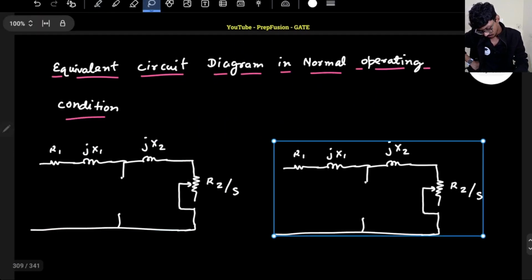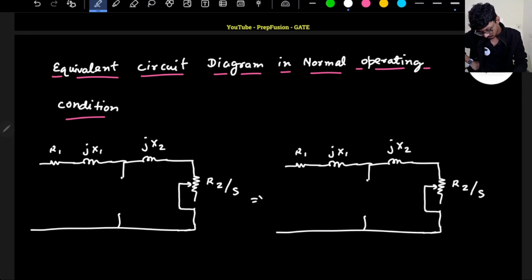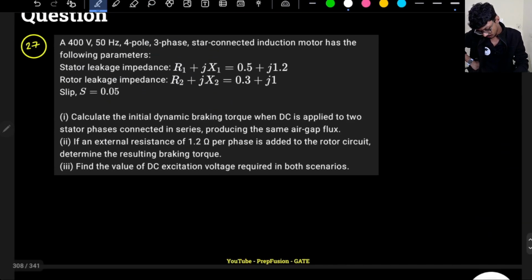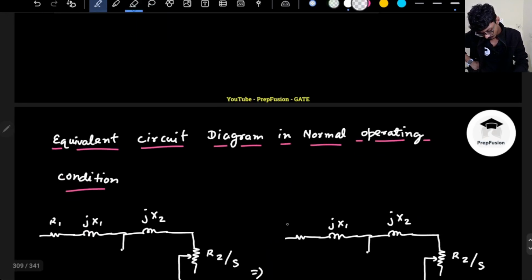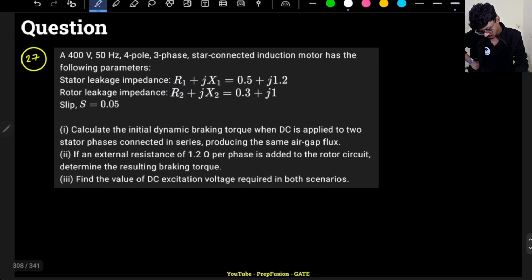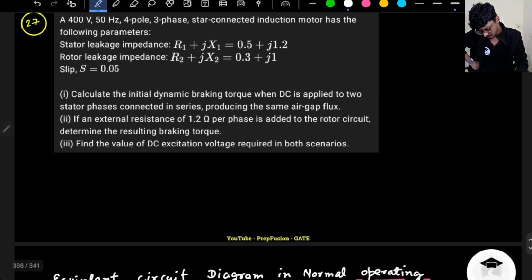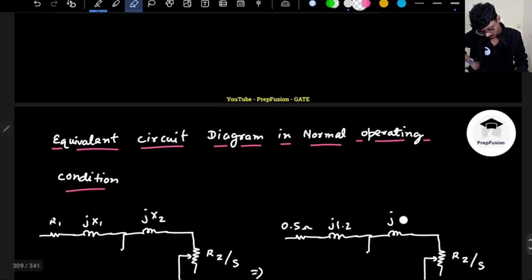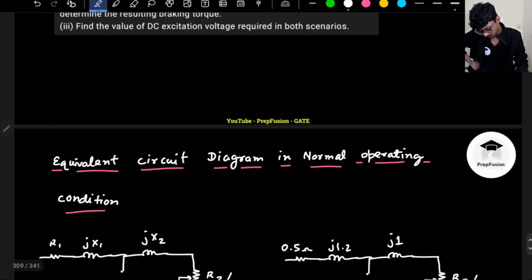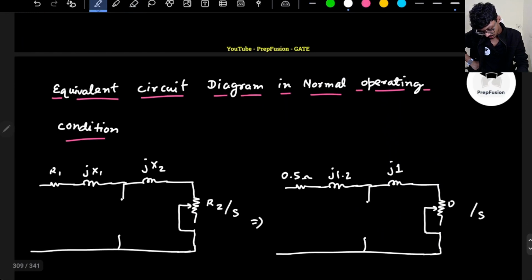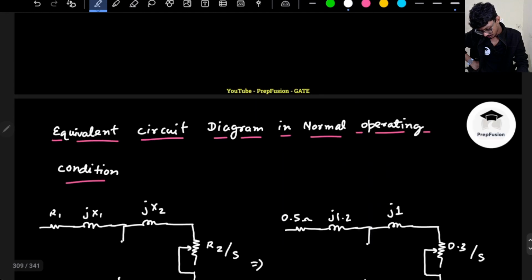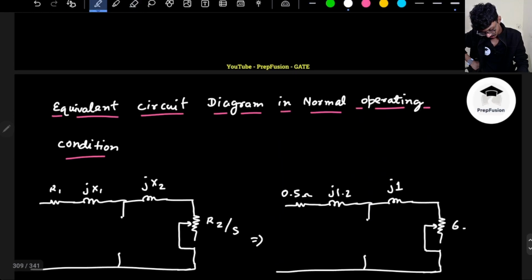R1 is 0.5, X1 is 1.2, X2 is 1, and R2 is 0.3, and remember the slip is 0.05, so R2 by S is 20 times 0.3, so it will be 6 ohms basically.